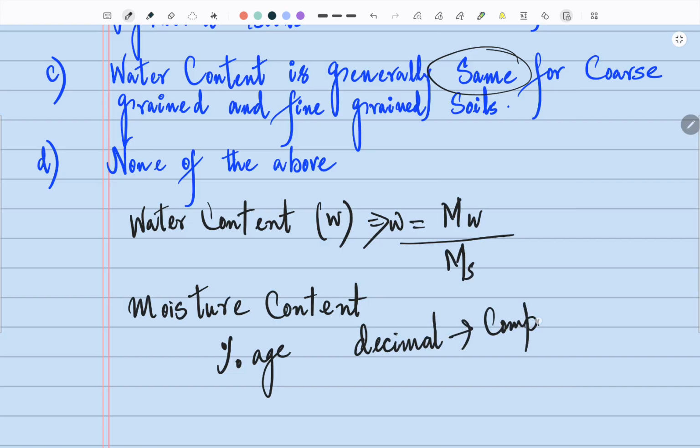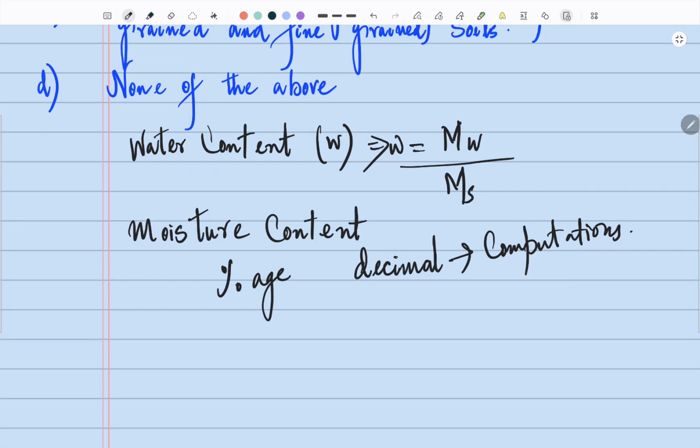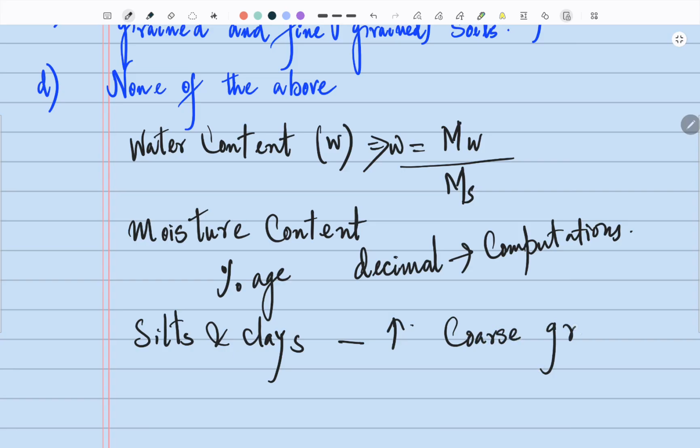And it must be noted that the water content of the fine-grained soils, such as silts and clays, is generally more than that for the coarse-grained soils, such as gravels and sands.